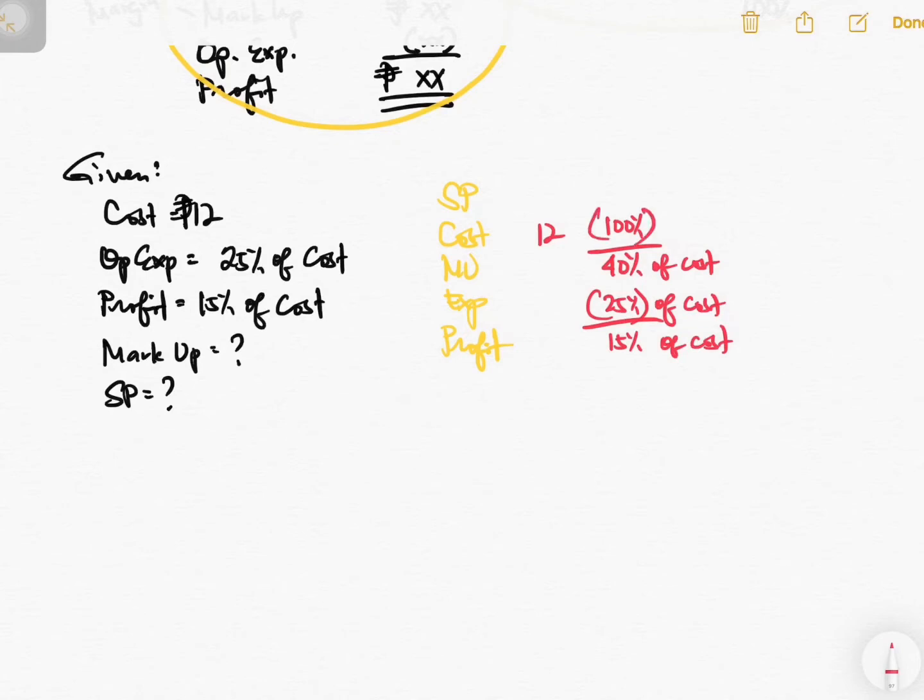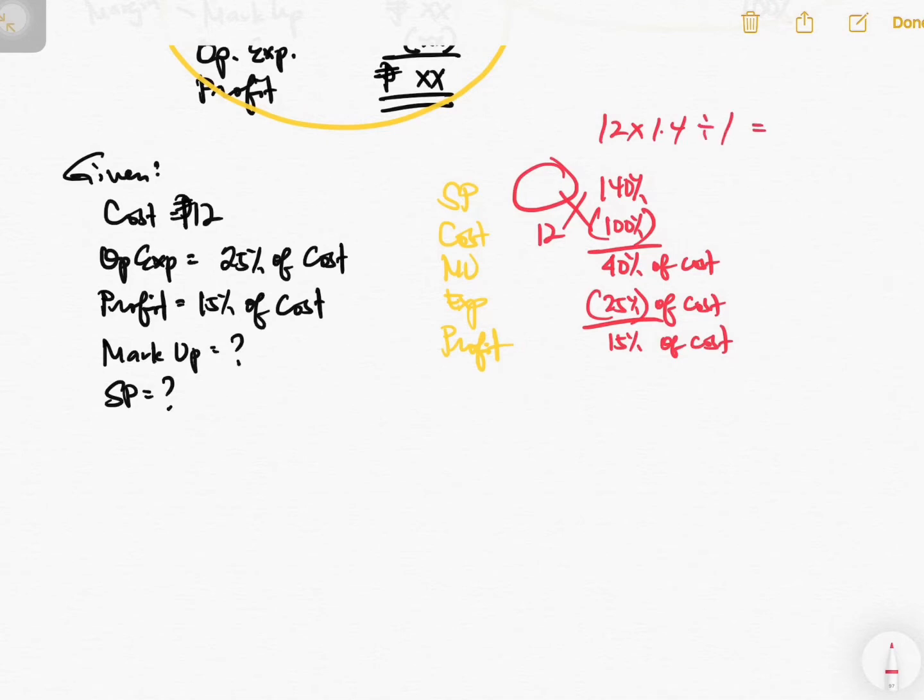Selling price is 140% because 140% minus 100% is 40%, right? Now, how do we get the selling price first? You just cross multiply. So to get this one, you will get your cost 12 times 1.4 or 140% divided by 1 or 100%.